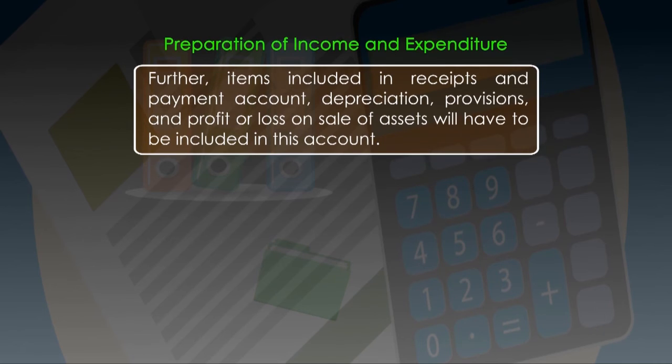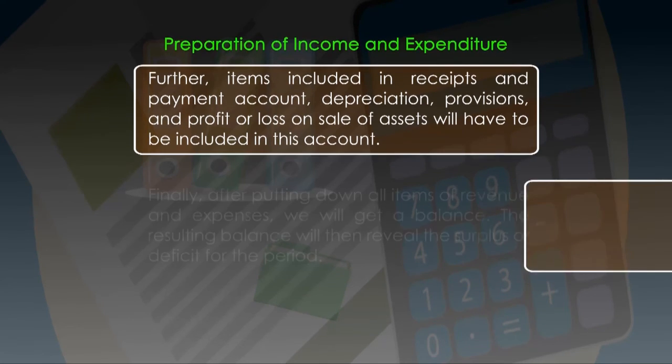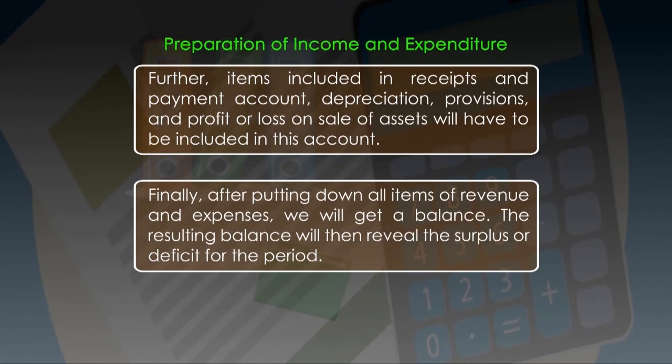Further, items included in receipts and payment accounts, depreciation, provisions and profit or loss on sale of assets will have to be included in this account. Finally, after putting down all items of revenue and expenses, we will get a balance. The resulting balance will then reveal the surplus or deficit for the period.